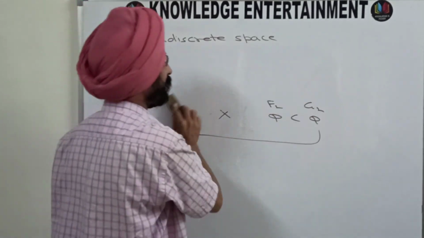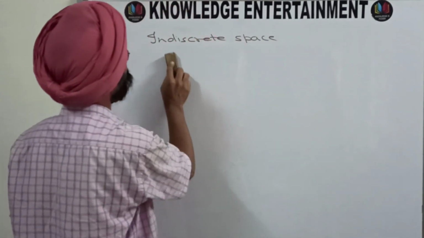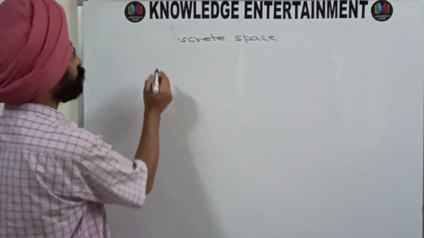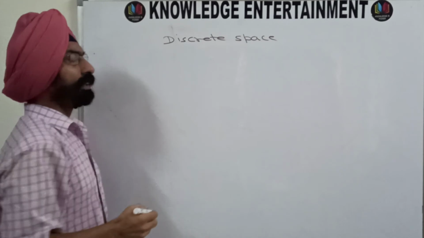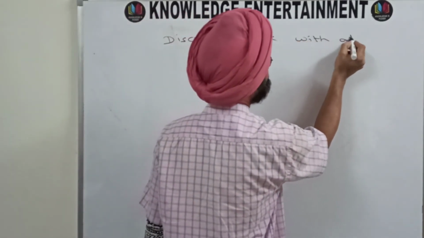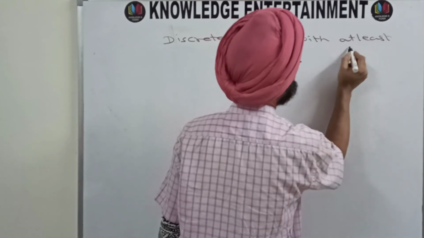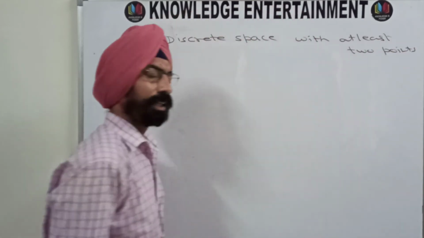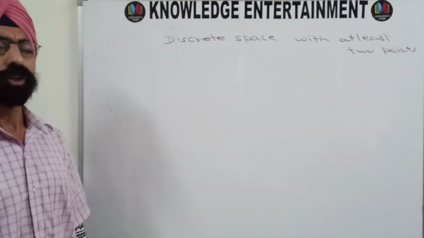Another question comes to our mind, what about the discrete space now? Especially a discrete space with at least 2 points. Is it normal or not?